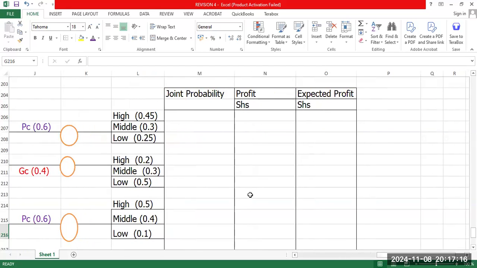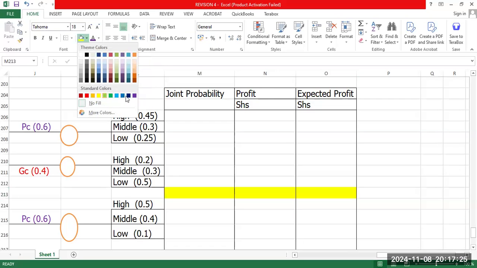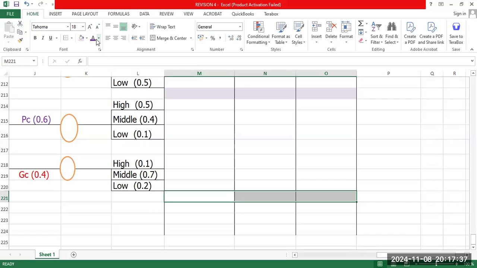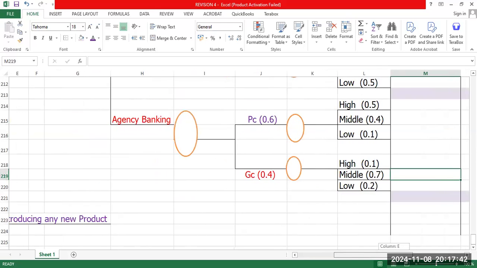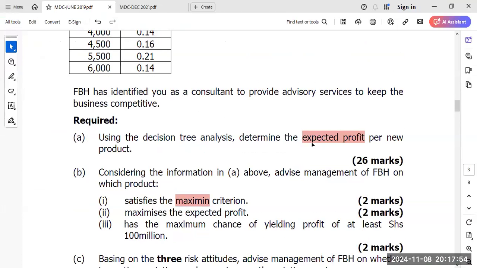Once you do this here, leave a space before you draw this. Also, after this, leave a space here, because we are looking for expected profit per new product.